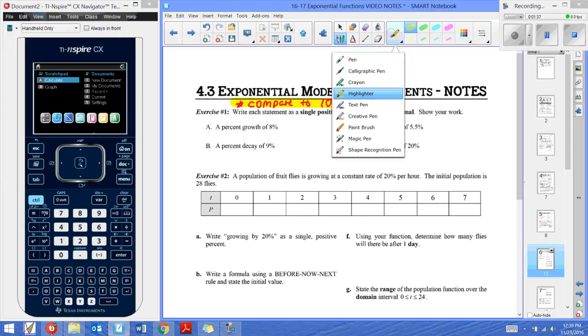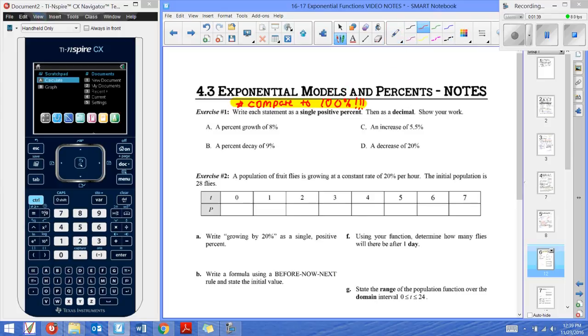Okay, well, what do I mean by this? A percent growth of 8%. Well, if I'm increasing something by 8%, what am I starting with? Well, I'm starting with one whole, or really 100%, and we're adding 8% onto that, which is 108%.